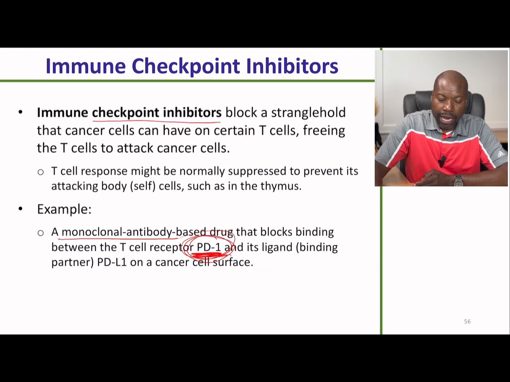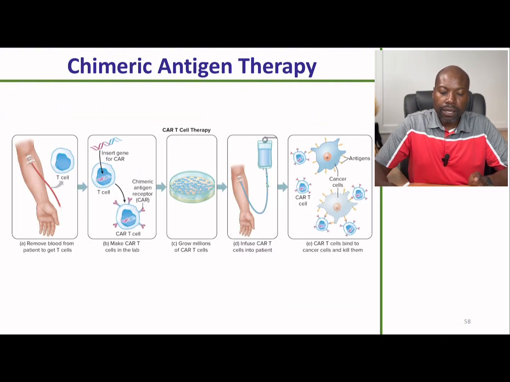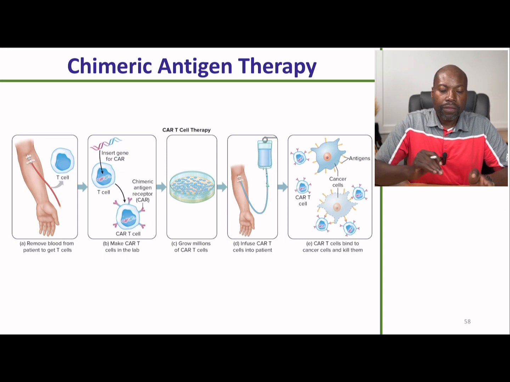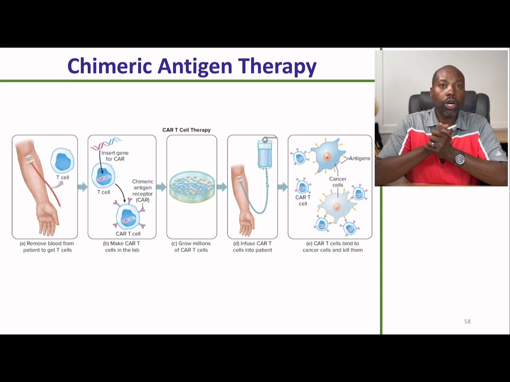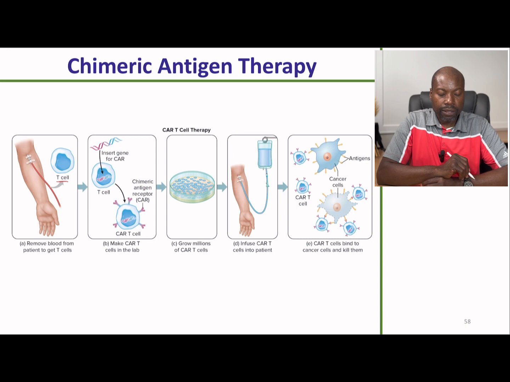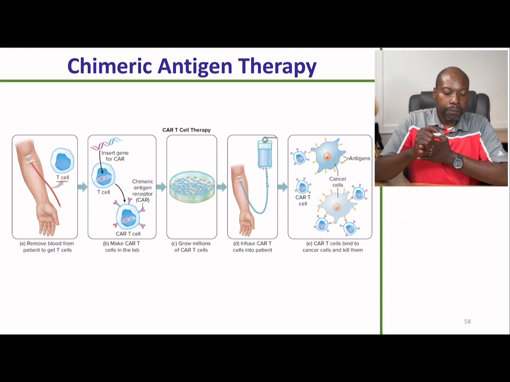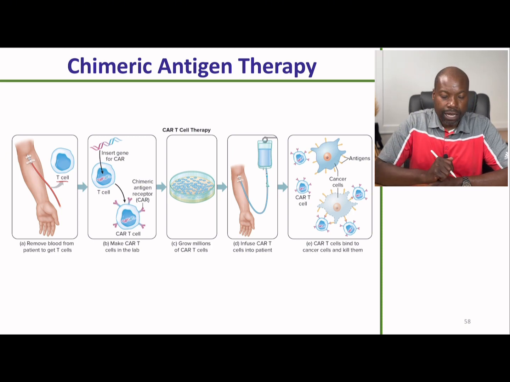So let me make sure that everything is fine here. All right, so we're good. Then we have the chimeric antigen therapy. In the chimeric antigen therapy here, we are going to design a cell that is modified, right? So we're going to isolate a T cell from a patient. That T cell is going to receive a modification.